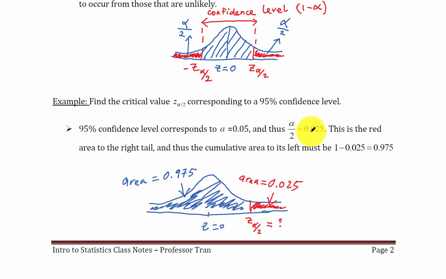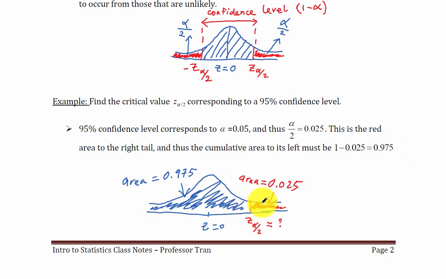So the alpha over 2, 0.025, is the area to the right of z alpha over 2 in this picture. After you figure out alpha over 2, the rest to the left of this value should be 0.975 because the whole thing should be 1. We know that the red one is 0.025, so take 1 and subtract 0.025, and the whole blue area to the left should be 0.975.